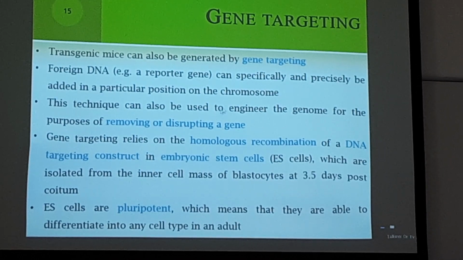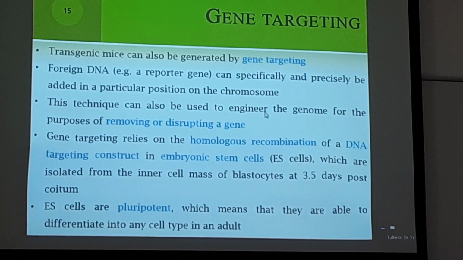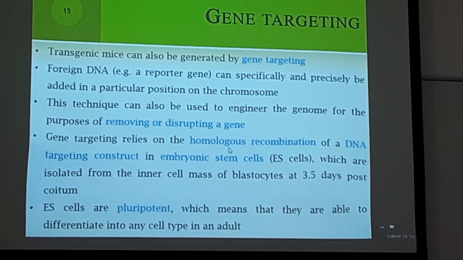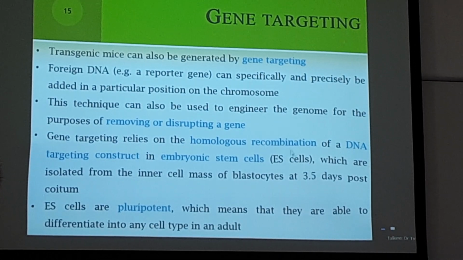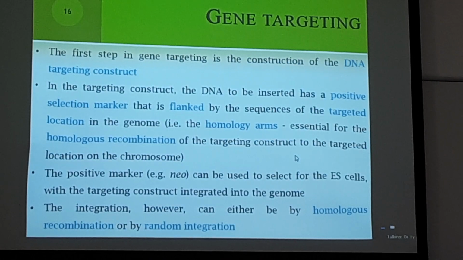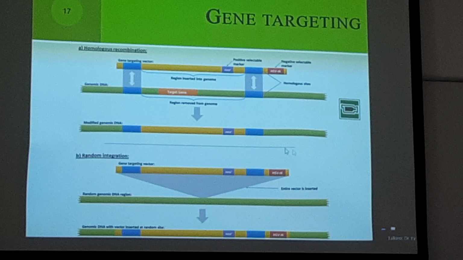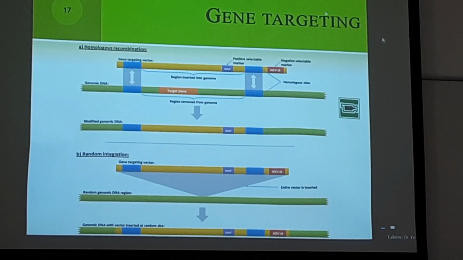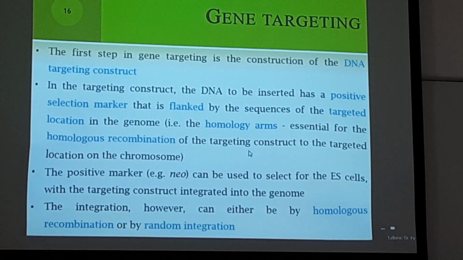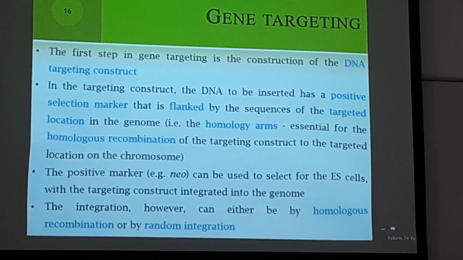In gene targeting, there is a quite important concept, which is related to homologous recombination. So you have to know what so-called homologous recombination is, and I think this diagram can help you understand it. Basically we are trying to modify the gene in an animal.